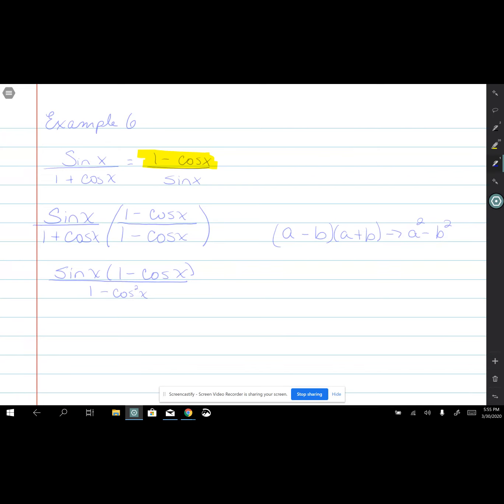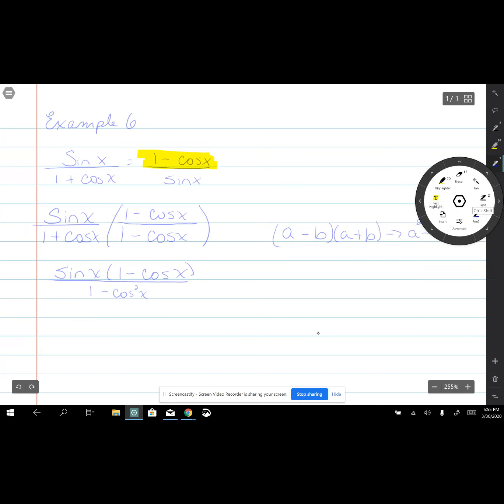Now, you're getting kind of closer, but again, what you have to remember is you have an identity sitting right here. Anytime you see a square pop up, the first thing that should go through your mind is that's an identity. Because I know that sine squared of x is the same thing as 1 minus cosine squared of x.